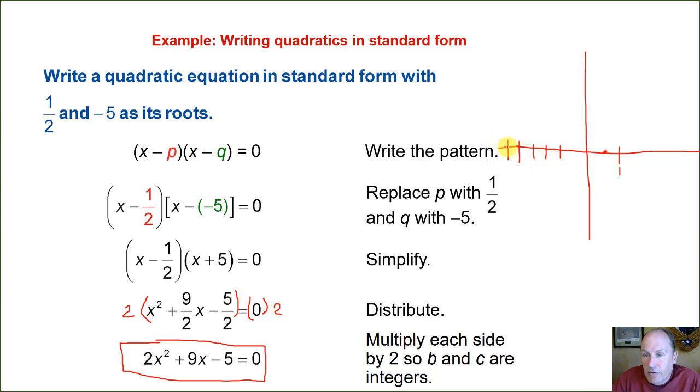We also know it's an upward-facing parabola because the 2 is positive, the a term, and we know it has a y-intercept at -5, that's the c term, and halfway between these 2 points is its axis of symmetry at -b over 2a, -9 over 4, which is right about here. So we know there's an axis, even though I haven't drawn this perfectly. We know our parabola looks something like this.